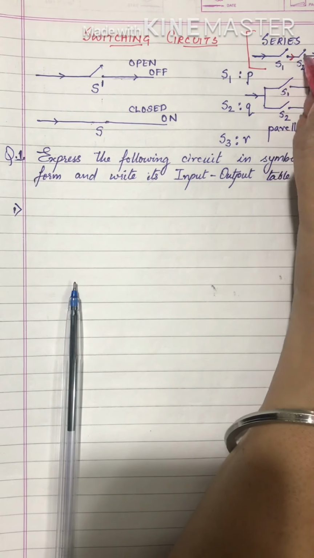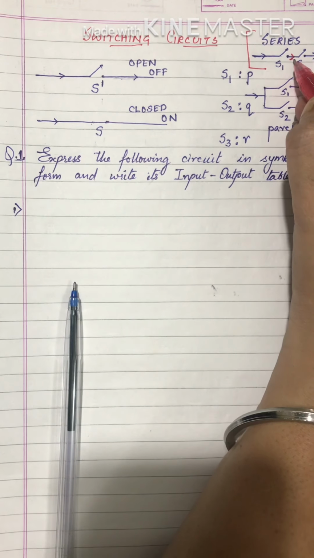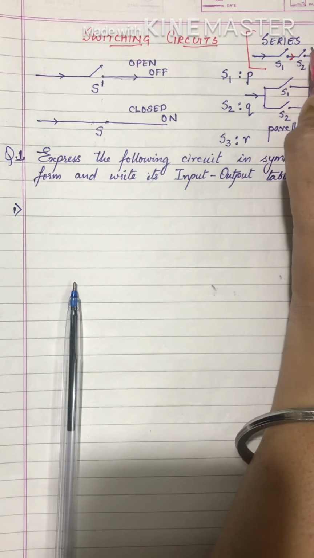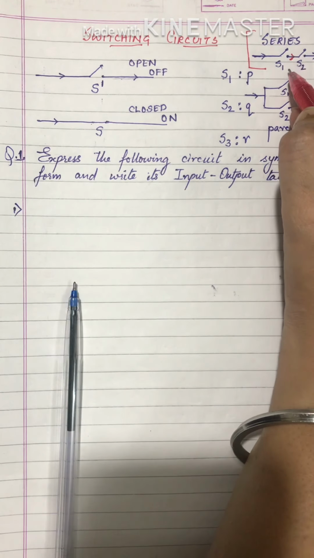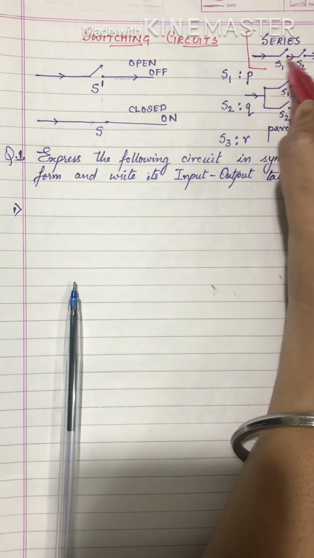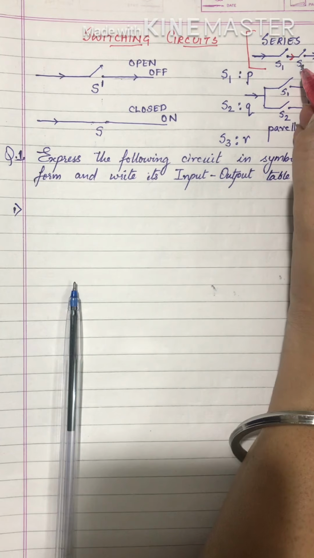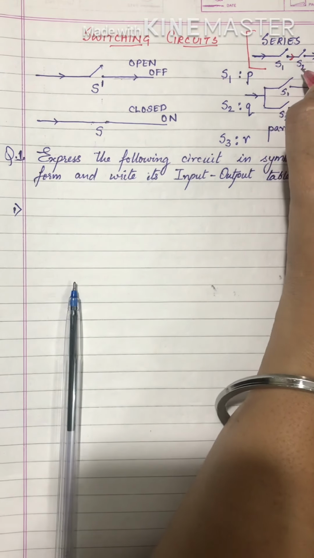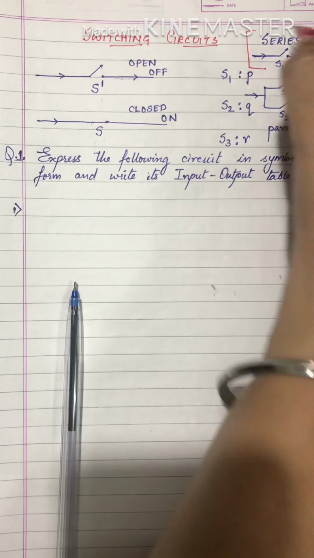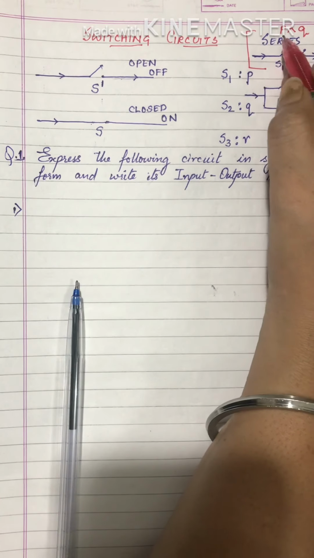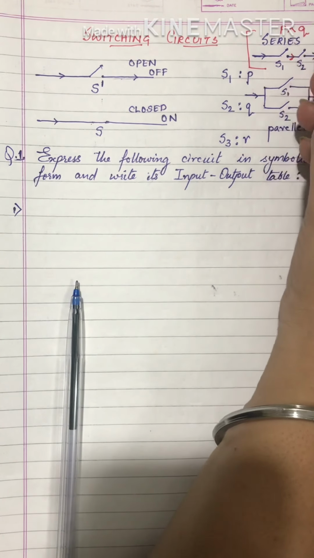But when it comes to switch S2, if it is kept open, then the current won't flow further and the circuit won't get completed. So for the circuit to get completed, we need to close both the switches. Both switches being on is compulsory. So symbolically it is denoted like this: P and Q, because both should be closed.